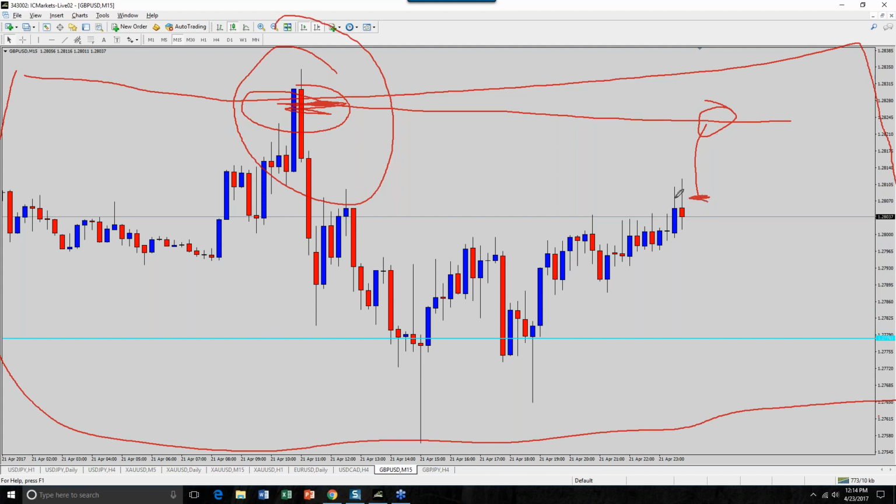So if I'm looking to take a buy, I'm exiting over here. I don't need to gamble and see if it'll pass this point. If it does, great. Maybe I'll set my stop loss to above break even and let it run.